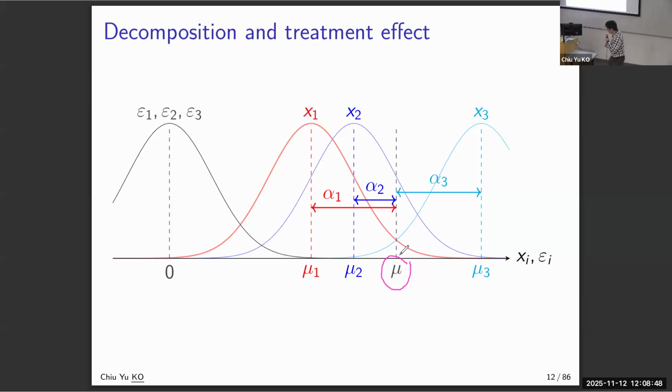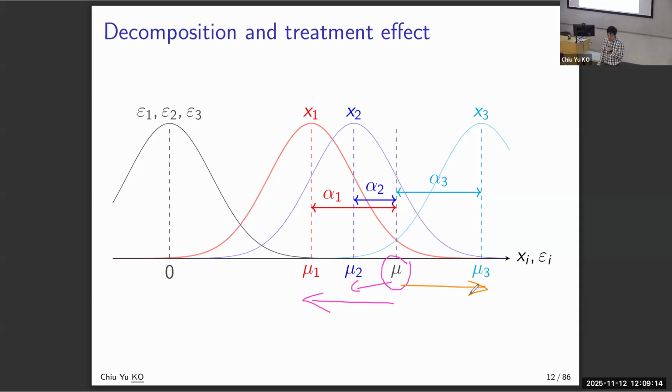The mu is located so that the distance to the left-hand side is the same as the distance to the right-hand side. So the sum of the pink distances is equal to the orange in the middle. And that exactly means that alpha 1 plus alpha 2 equals alpha 3.